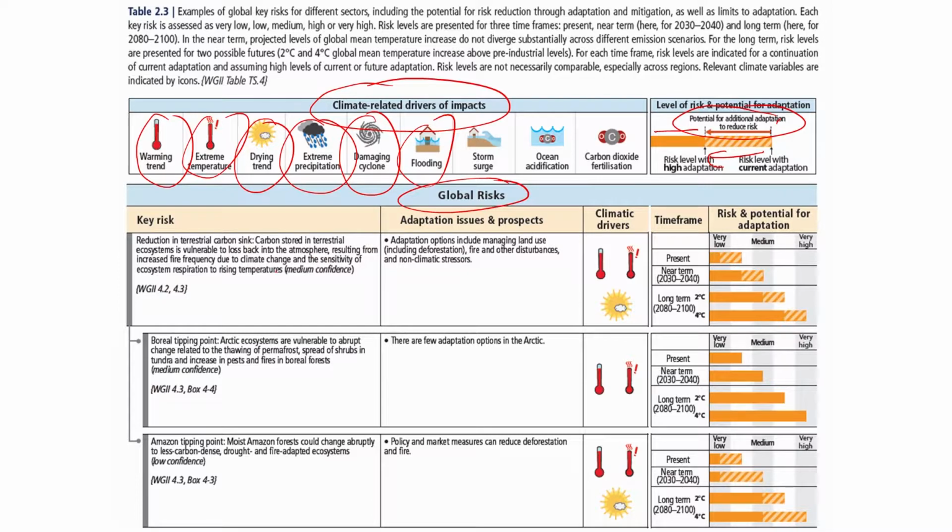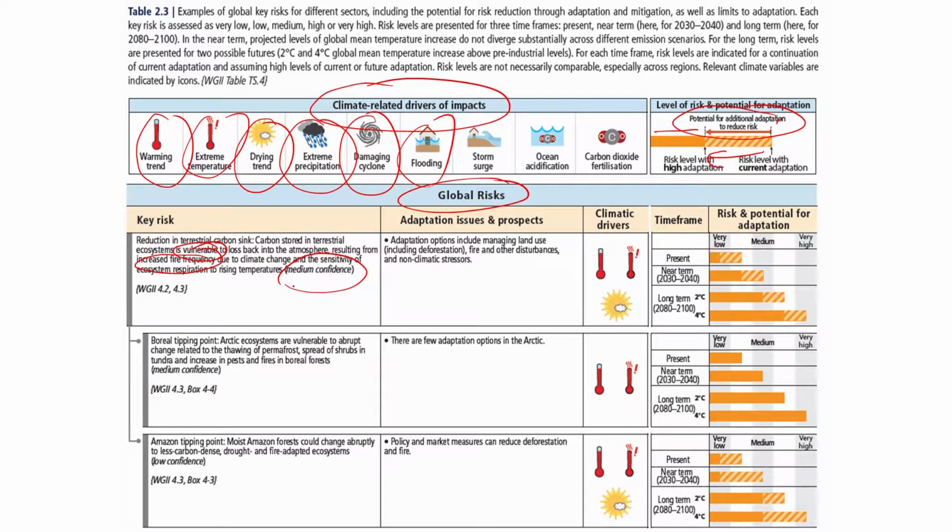And the carbon stored in terrestrial ecosystems is definitely vulnerable to loss back into the atmosphere, and it's also related to increased fire frequencies, which is very clear in some of the regions in the world already, but even in a place like India there are lots of wildfires and there is a competition with water and so on that has to be also considered.